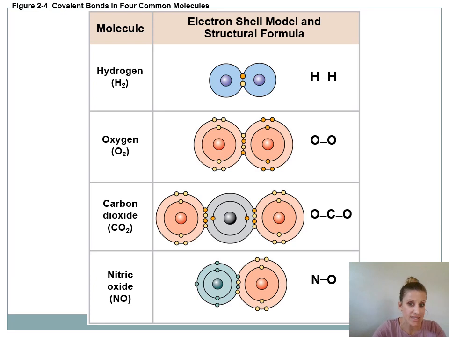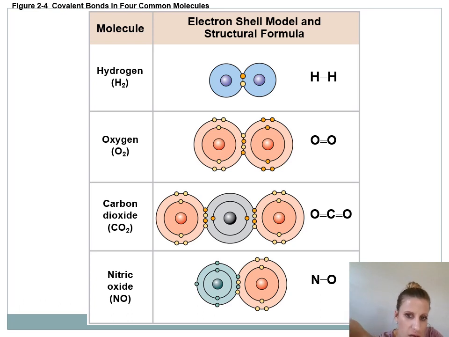This is showing us a double covalent bond with oxygen when we have two oxygen atoms. And the only difference there is instead of only sharing two electrons, they're sharing four. So there's one pair and then there's another pair that are being shared. So each of these oxygen feels like they have 8 electrons in this second shell, right?